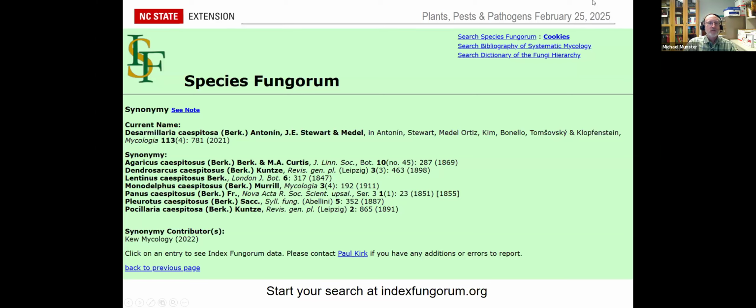Unfortunately, this doesn't show you the link to it having been called Armillaria tabescens at one time, but that's again because, oh rats, what is the name of a group, an organism that's similar to one in a different geographic location? There's a wonderful name that I can't remember right now. But it turns out that Desarmillaria tabescens, from the Armillaria tabescens, is a European species, and the one here is Desarmillaria cespitosa.